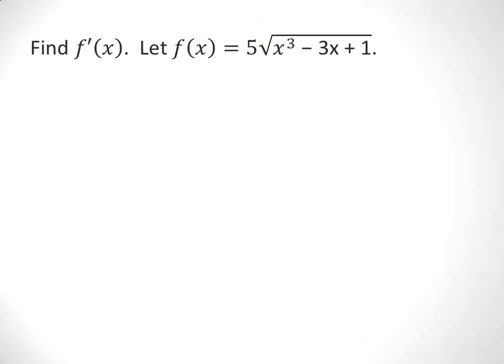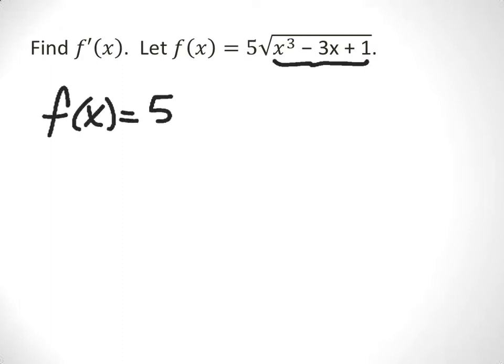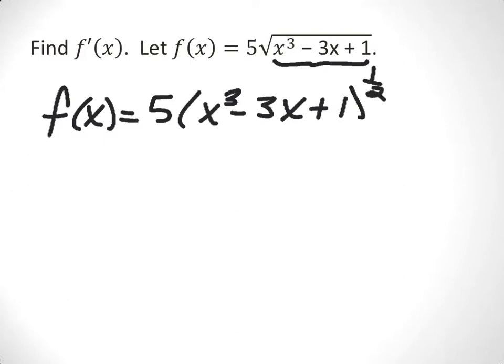When we have something that looks like this, you've got a nested function where the x cubed minus 3x plus 1 is all the inner function, and that outer function is that square root. Now, we want to put this in exponential notation because then we can use the power rule to be able to take the derivative.